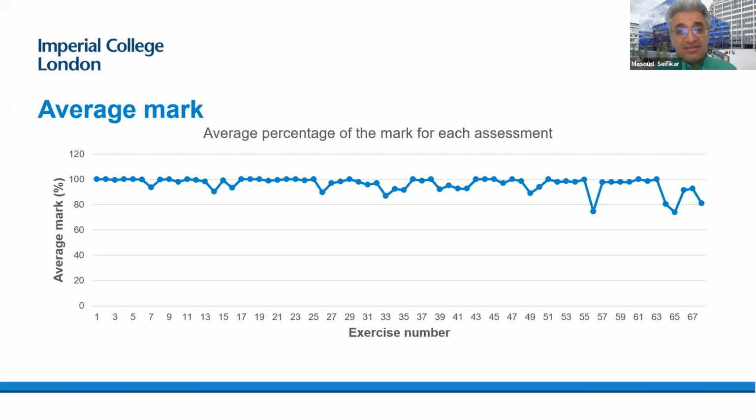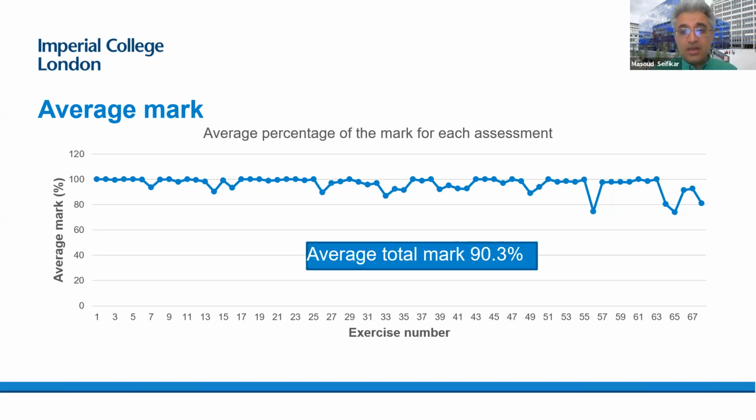Not only that, they got good grades as well. On average, the total mark was 90%, and to be honest, that was one of the reasons that I limited the number of submissions, because the total mark was going very high. So I decided one way is limiting the number of submissions.